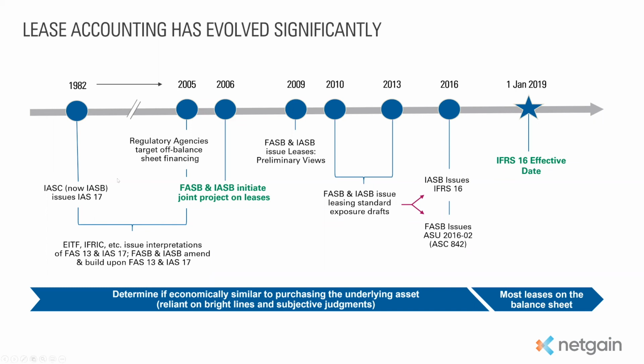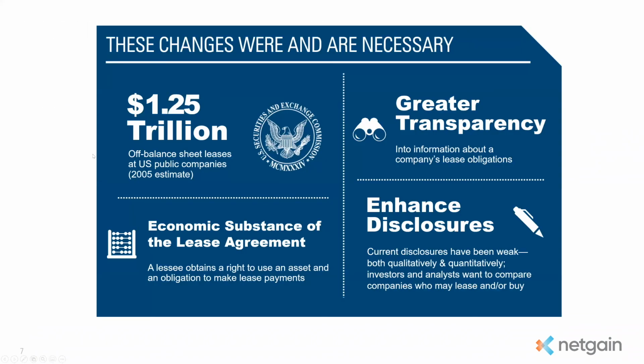And then the impact of this: it was a 2005 estimate, a very old estimate, but the estimate was that just here in the U.S. there were $1.25 trillion in off-balance sheet financing. So this is huge, and for the accounting purists, it's very bothersome that the lessor accounts for it one way and the lessee accounts for it another, thereby getting these leases completely off the collective balance sheets that we have globally.